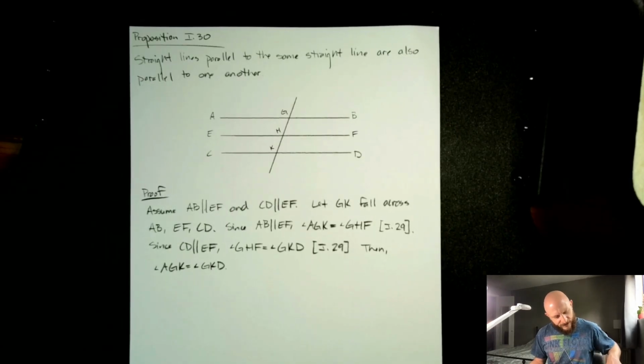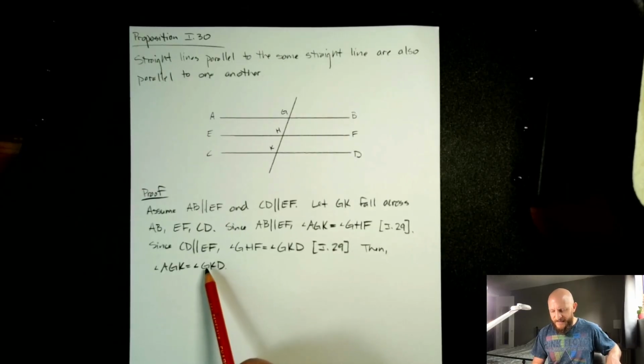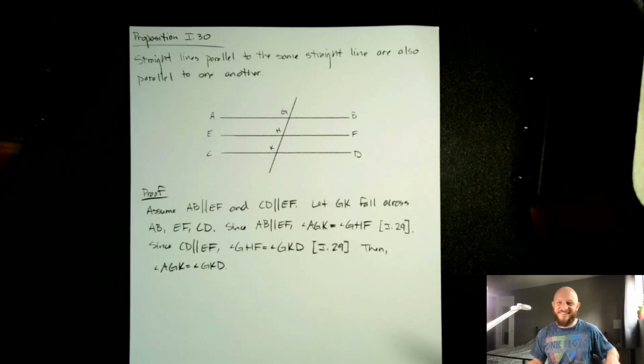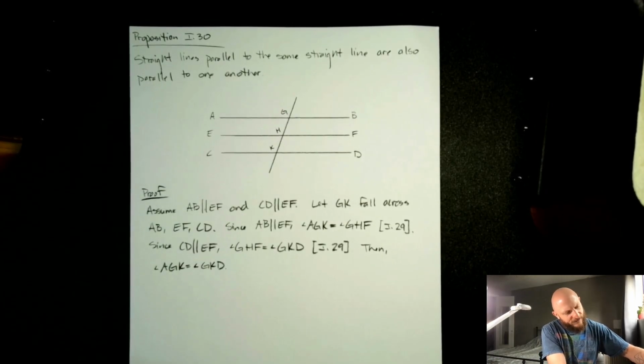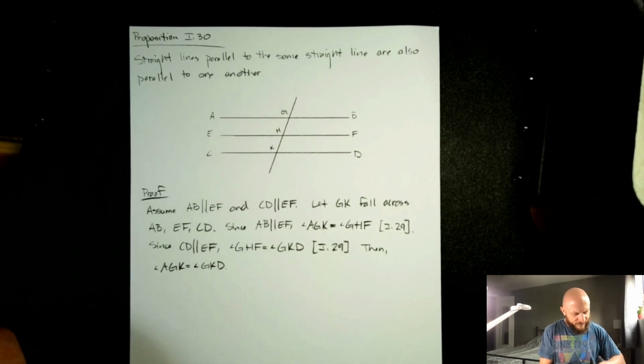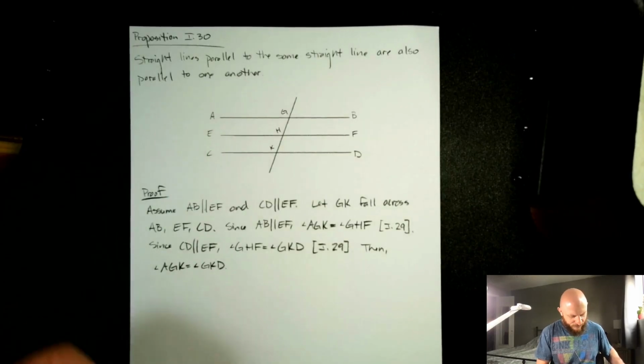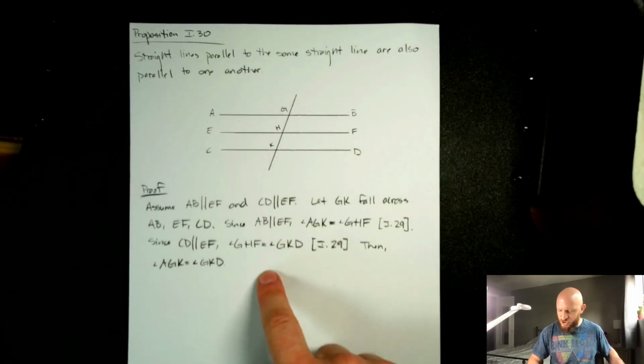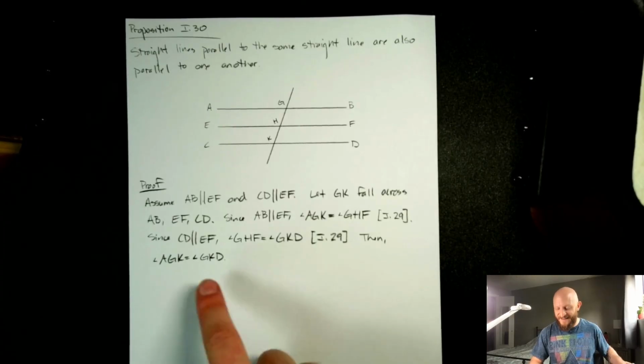So what is not cited, though, is why this gives us, again, that AB is parallel to CD, but it just, again, comes from, let's see, I guess actually it's not Prop 29 this time, right? It would be the one before it, Prop 28. Is it 28 or is it 27? Let's see, 27 was one that says, it's actually not cited in my book for some reason, and I feel like that should be cited.